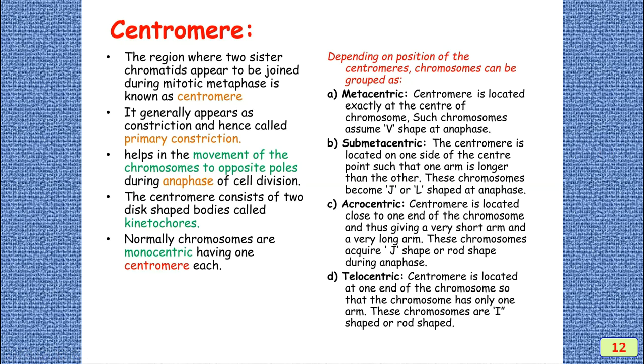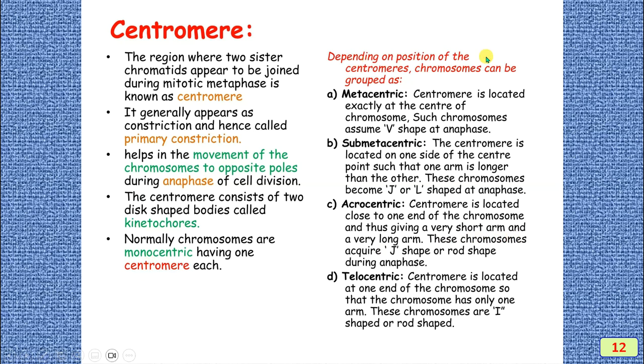As you know very well, cell division contains anaphase, metaphase, telophase, etc. The chromosome consists of two disc-shaped bodies called kinetochores, and normally chromosomes are monocentric, having only one centromere, except in certain types of cells.